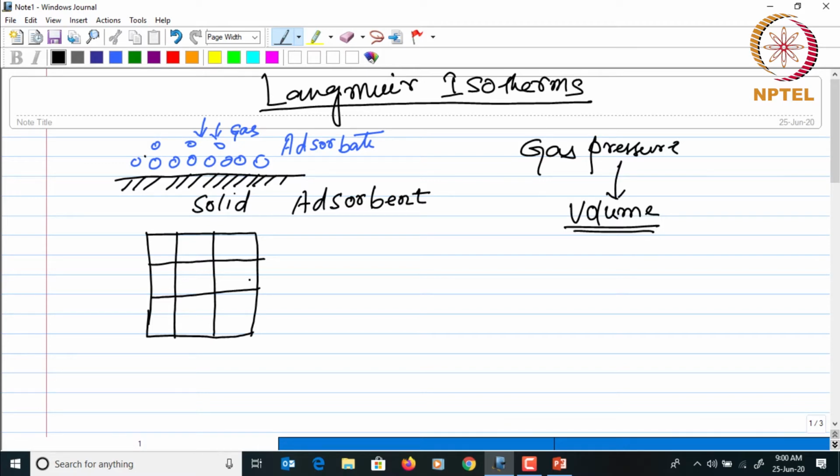Okay, so if you call this adsorbate as A, and this adsorbent as S, the chemical reaction can be written like this.